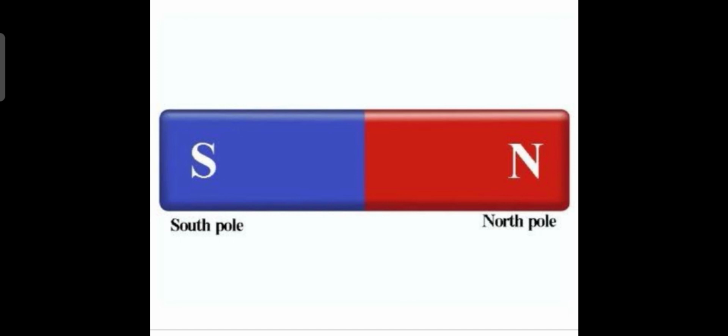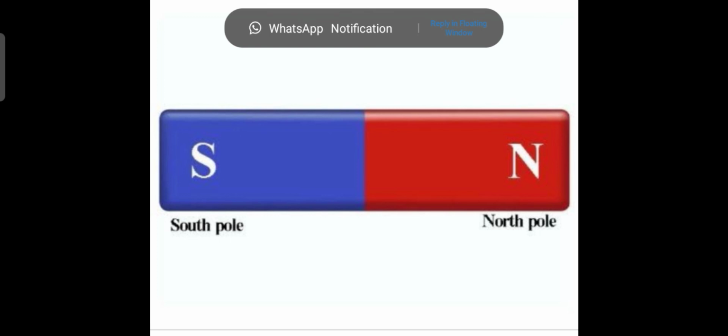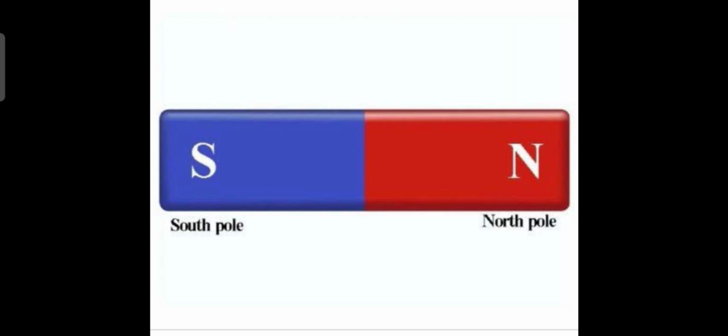A magnet has two poles, south pole and north pole, and the two ends of the magnet are known as poles. And what is the peculiarity of these poles? The magnetic power or strength is more at these poles. So this is about a magnet.